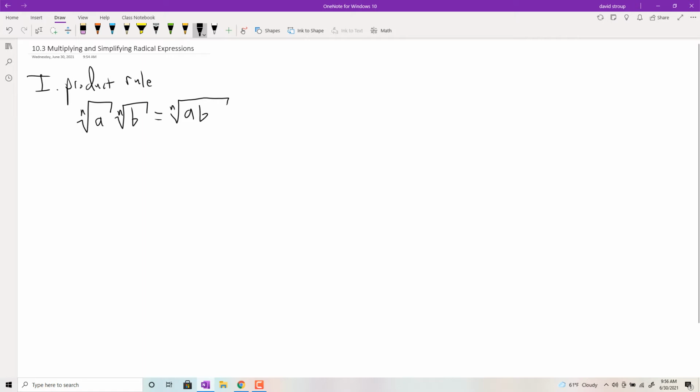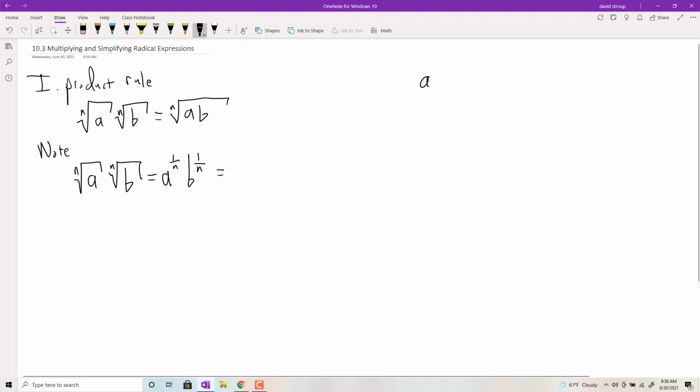So why can I do this? We can explain it by converting everything into rational exponents and then using our rules of exponents. First, the nth root of a is the same as a to the 1 over n. The nth root of b is equal to b to the 1 over n. Then we can use the reverse of our product to power rule, which I'm showing at the top right.